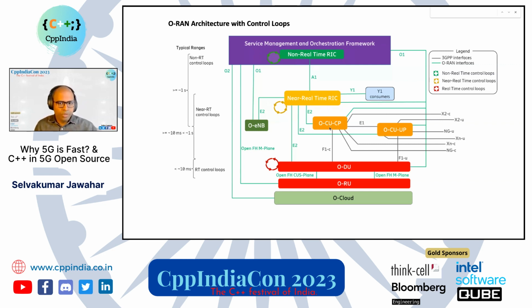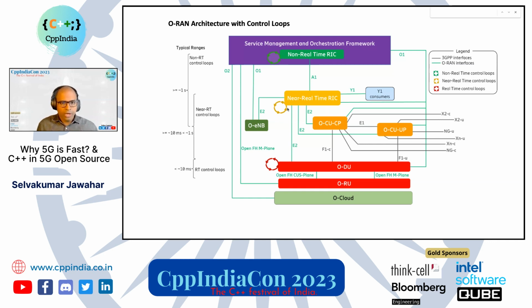The near real-time RIC directly controls the gNBs, which is the CU, the central unit control plane, and the central unit user plane. In ORAN, you can set a policy specific to a single user in that network.